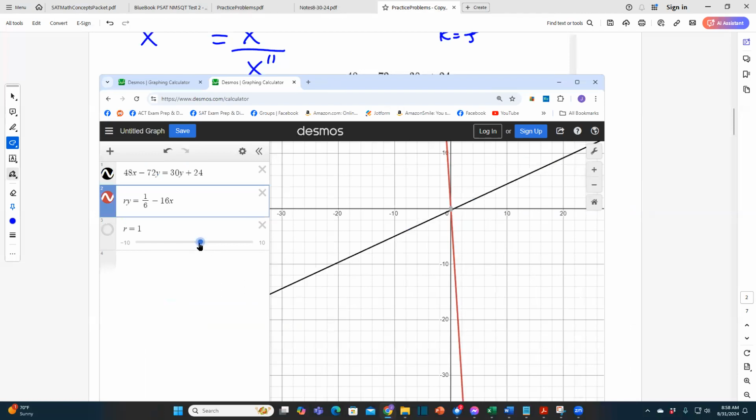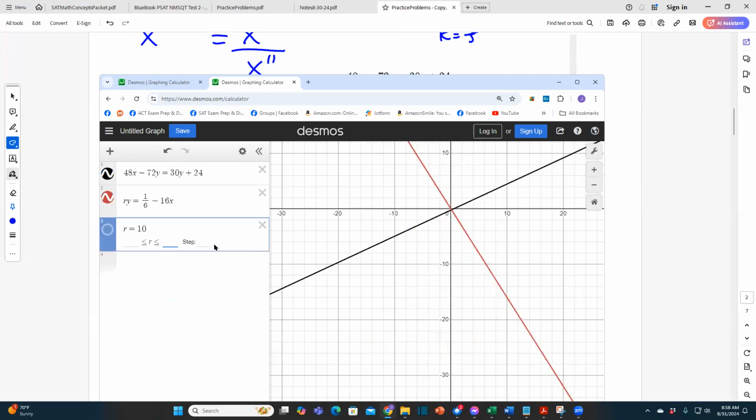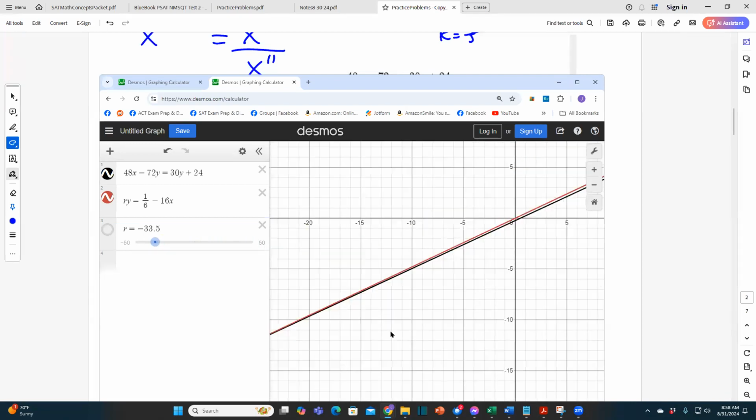All right, so here it goes, to make the red line parallel with the black line. Okay, so notice I need to increase those values. And if I go this way, it doesn't get parallel. If I go this way, it's going to be better. And I can zoom in a little bit.